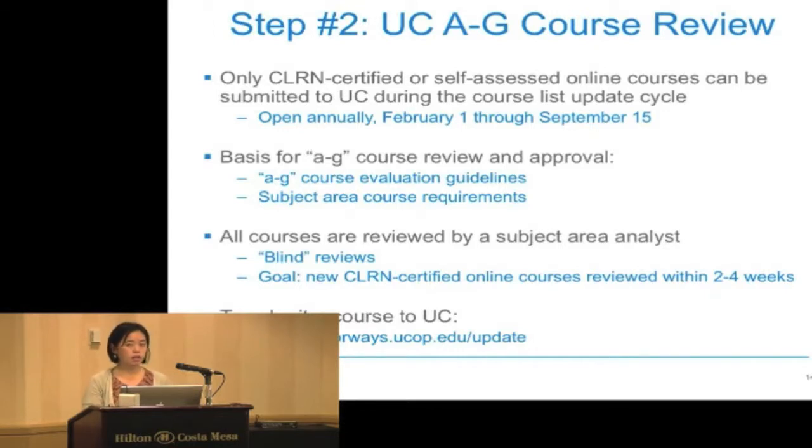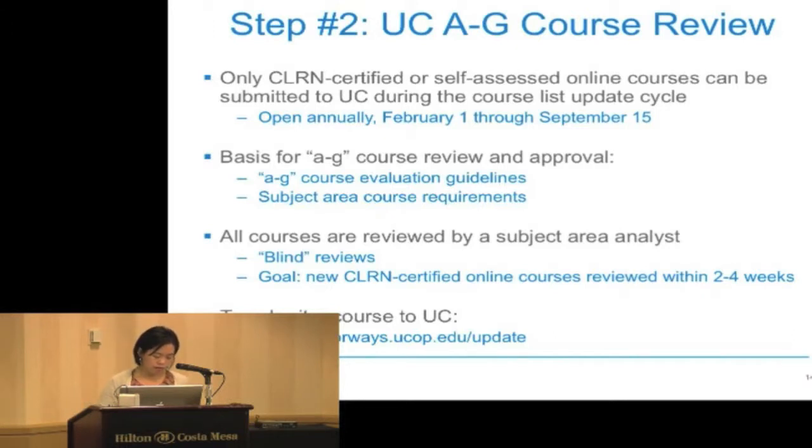And these guidelines are available on our A to G Guide website so that you know exactly what type of information, what type of detail our analysts are looking for when they review the courses that are in their queues. And second of all, we're looking for the course's respective subject area course requirements, that they fulfill those requirements as established by the UC faculty. Those subject area requirements are also listed on our A to G Guide website.